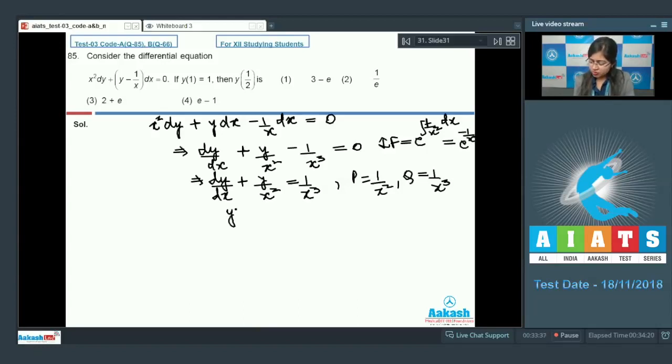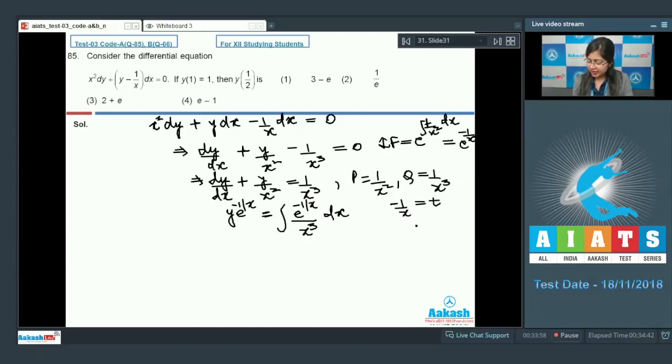Right, so it will be y times the integrating factor equal to integration of Q times the integrating factor, that is e^(−1/x)/x³ dx.